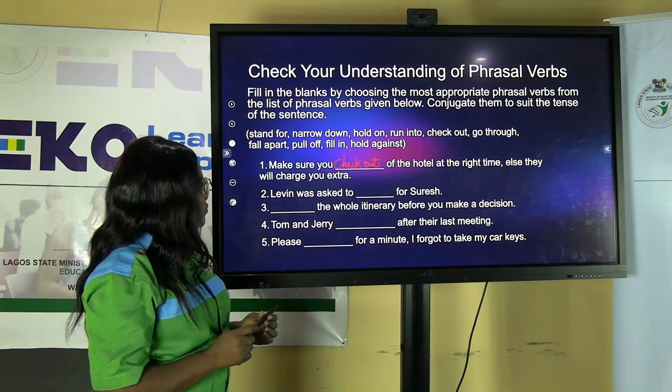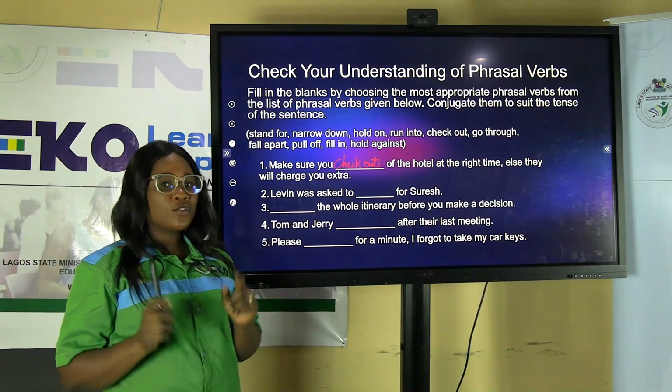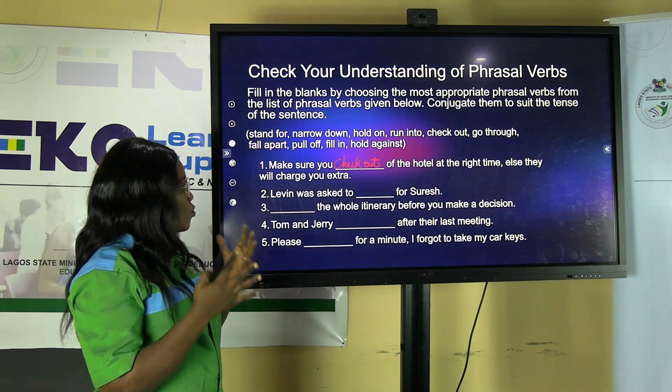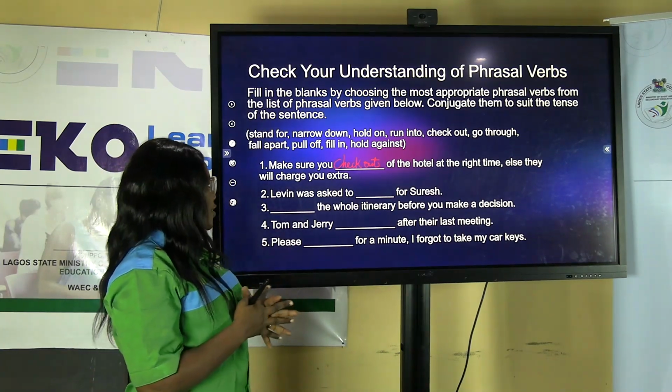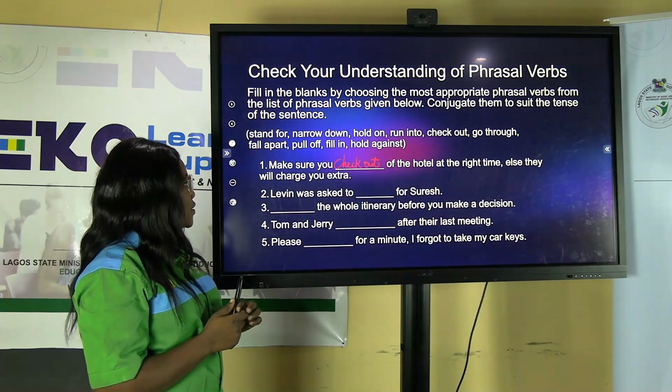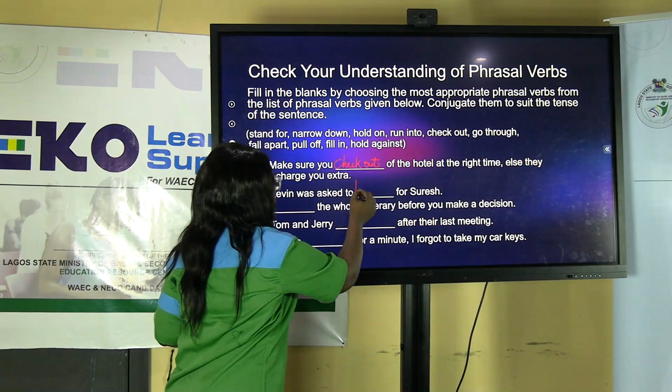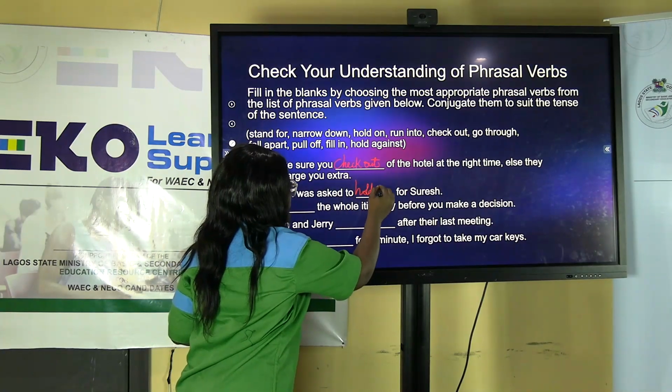Number 2, Livin was asked to hold on for Suresh. What would our answer be? The most appropriate answer here would be hold on.